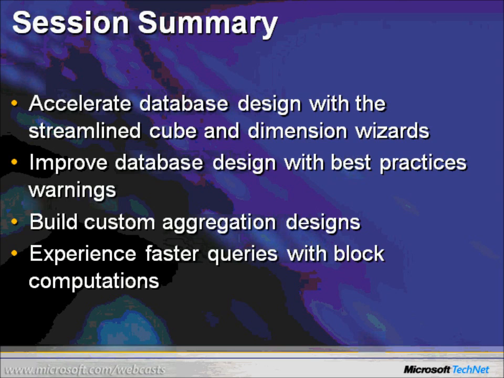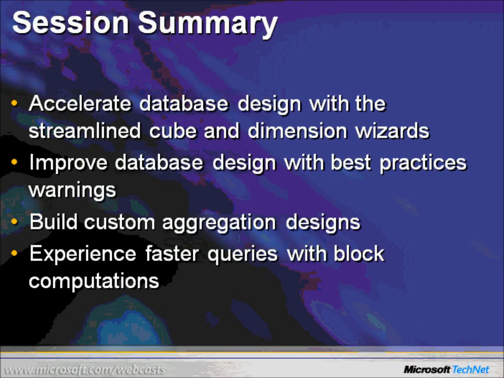Well, let's wrap this thing up. Bringing in summary here. In Analysis Services 2008, the cube and dimension wizards require fewer steps to complete and deliver better output, which helps you design your database and bring it together quicker and more efficiently. Best practice warnings help you achieve an optimal design out of the box without requiring you to read through pages and pages of technical manuals first.